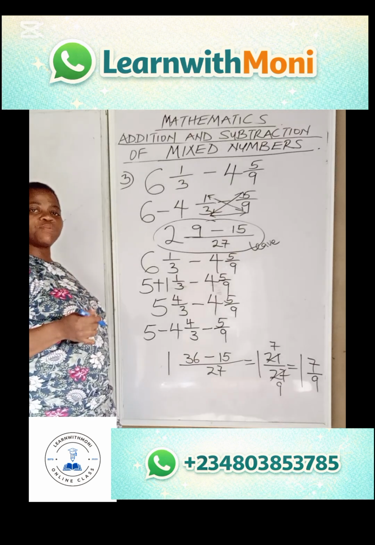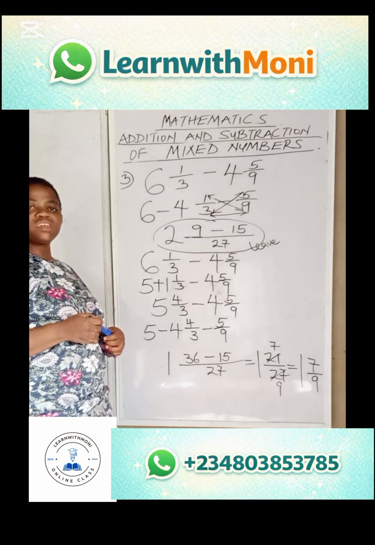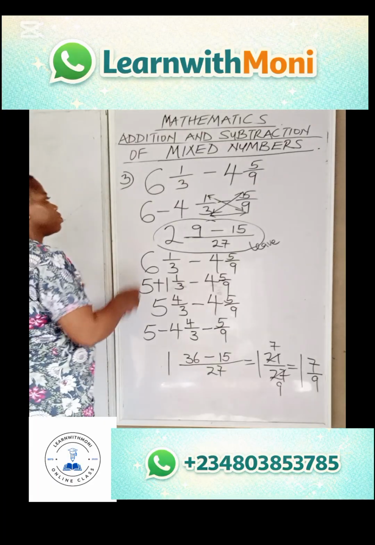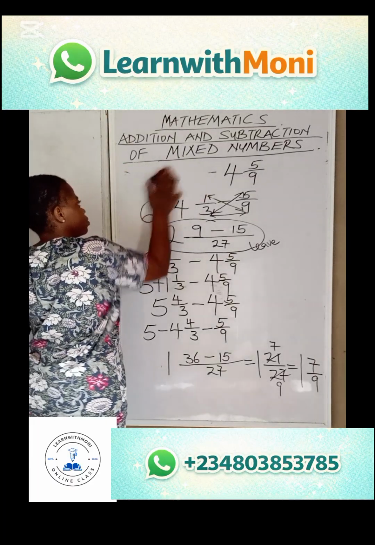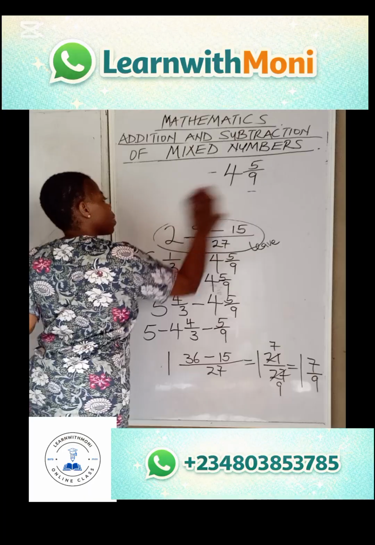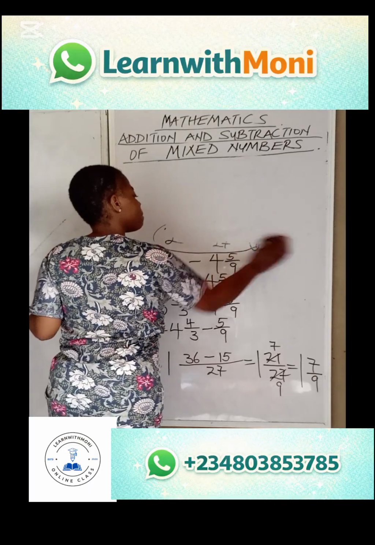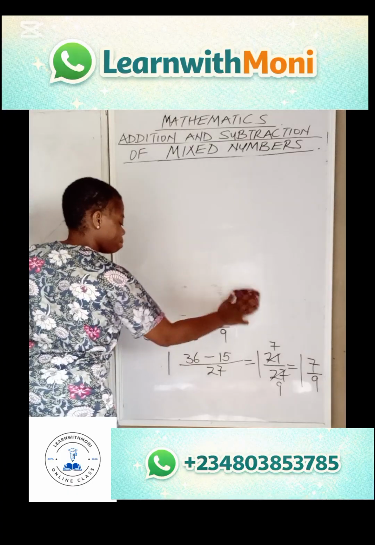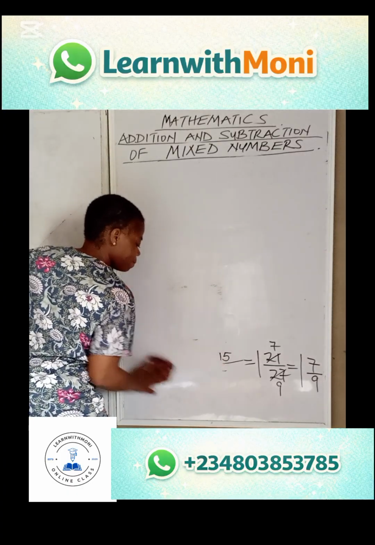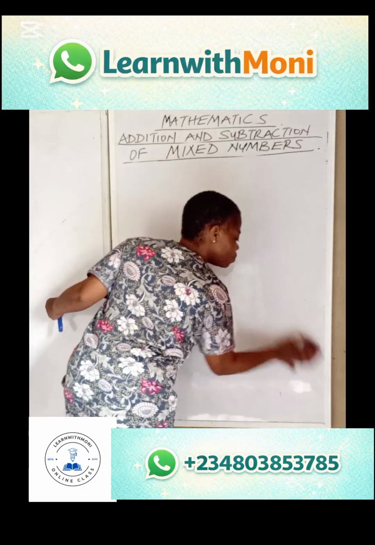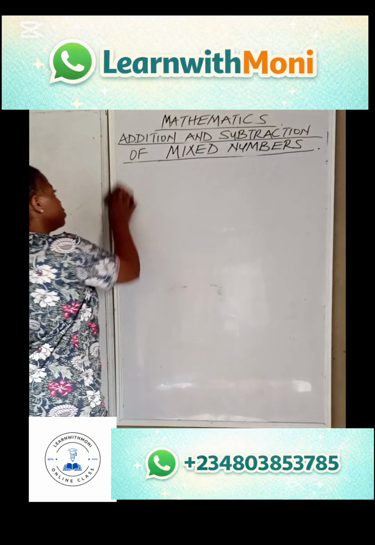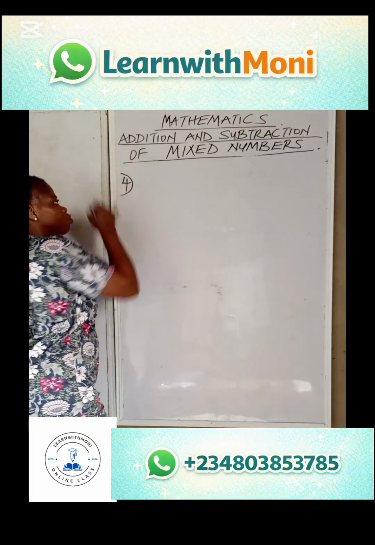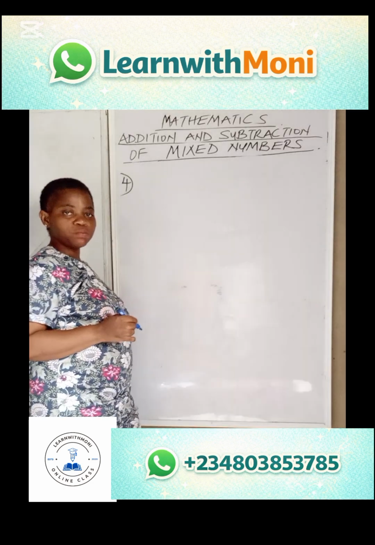Let's take another example very similar to this situation where we can't subtract the numerators. Okay, I'm calling this example 4 under subtraction of mixed number.